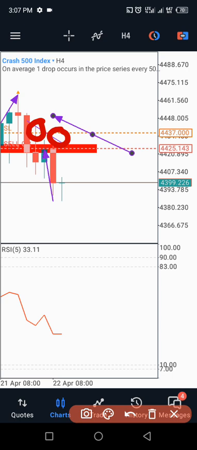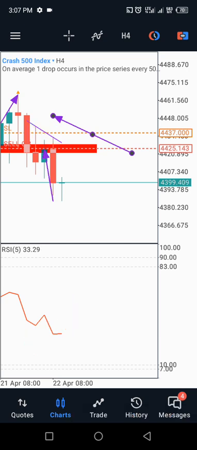So we want to go to the 15 minutes time frame to see if we can see a high and then maybe a higher high, whichever the case may be. So let's go to the 15 minutes time frame to see if we can get something like that.